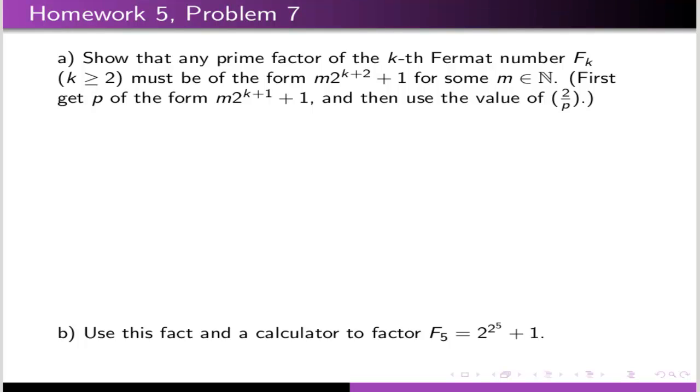Problem 7. Show that any prime factor of the kth Fermat number must be of this form. So F_k is 2 to the 2 to the k plus 1. That's the definition of the kth Fermat number. We're assuming k is at least 2. So let p be a prime factor.